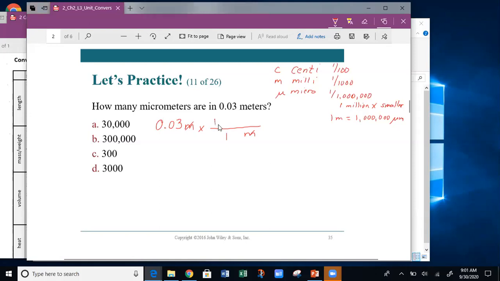And 1 meter is 1,000,000 micrometers. So since that 1,000,000 is on the top, I take 0.03 times 1,000,000, and I get 30,000.